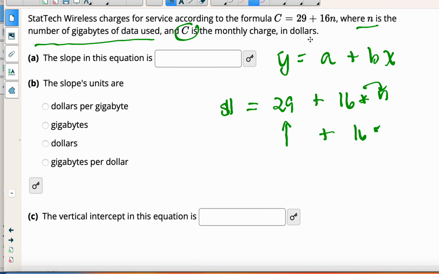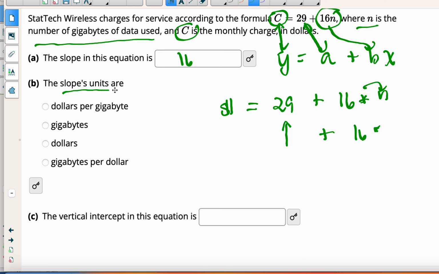Yeah, in this case, Y is represented by C, the cost I'm paying. A is 29, B is 16. The slope in this equation is 16. The slope always goes next to the variable. Every time that variable changes, the y value is going to go up by that amount.